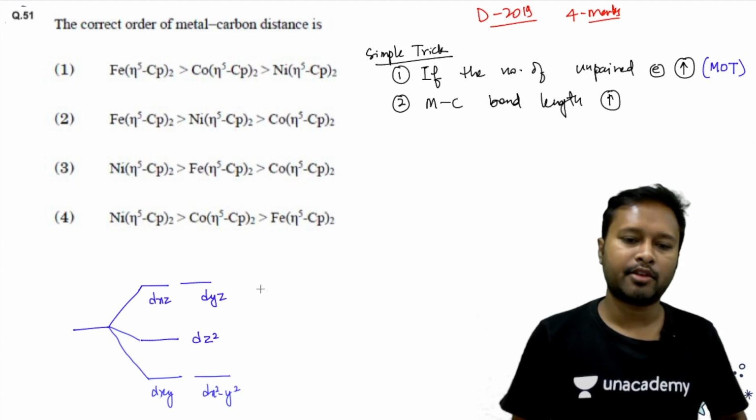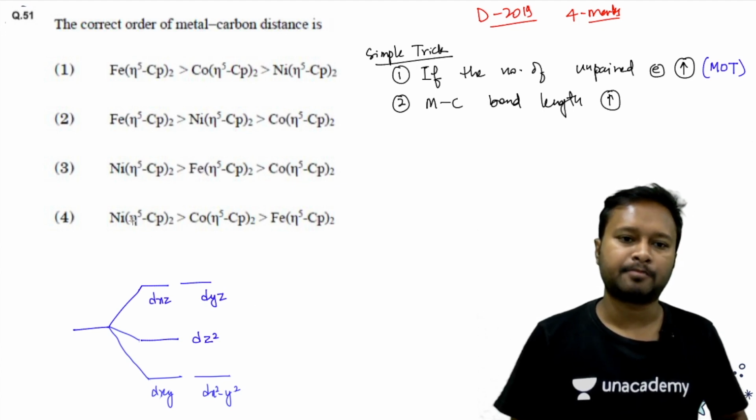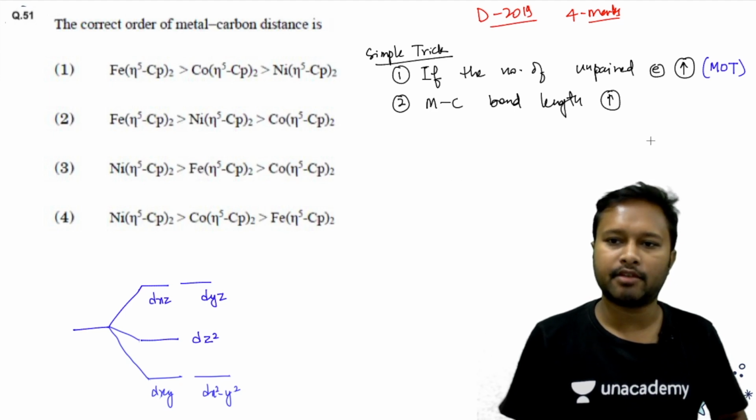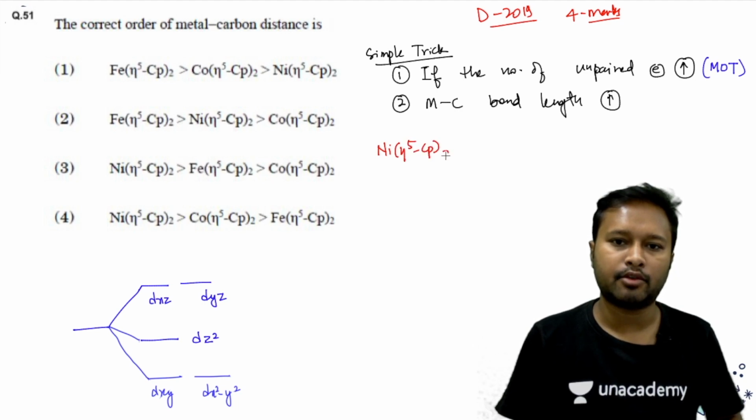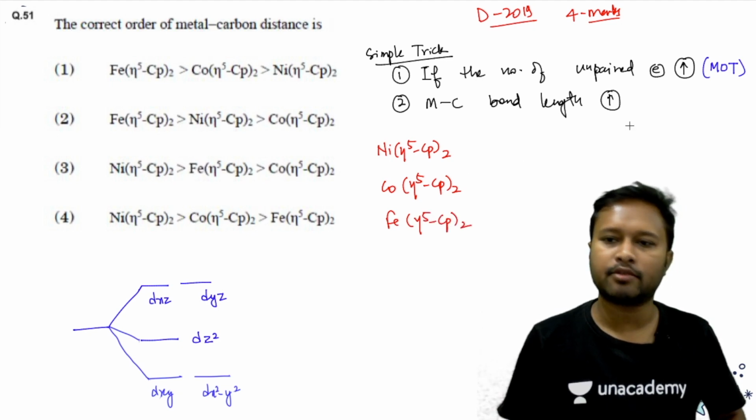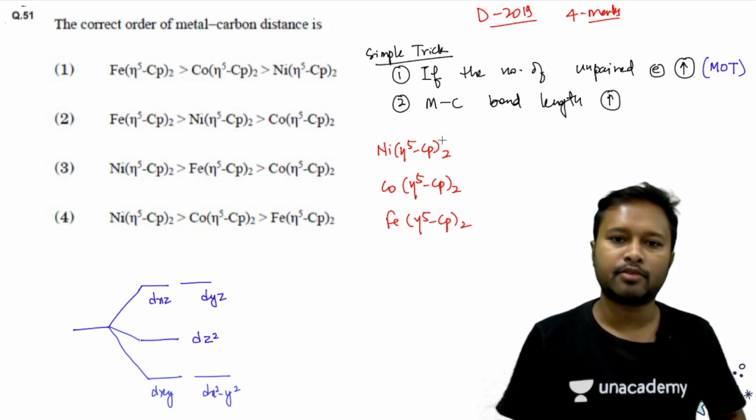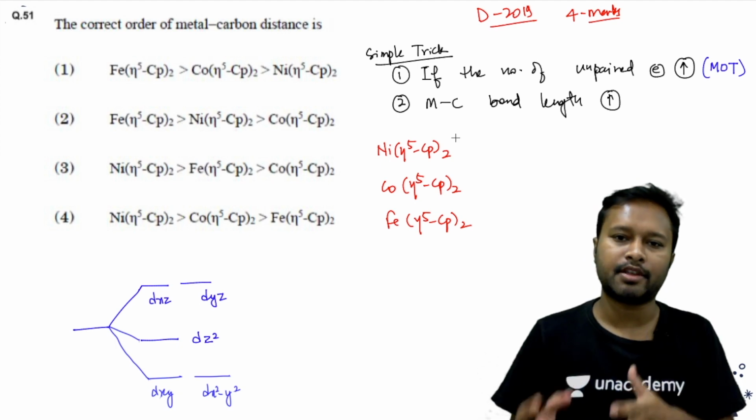Now if you look upon the given species in the question, we are given Ni(eta 5 Cp)2, then Co(eta 5 Cp)2, then Fe(eta 5 Cp)2. You have to just look for the d orbitals because there is no charge on the metal, so just leave that.